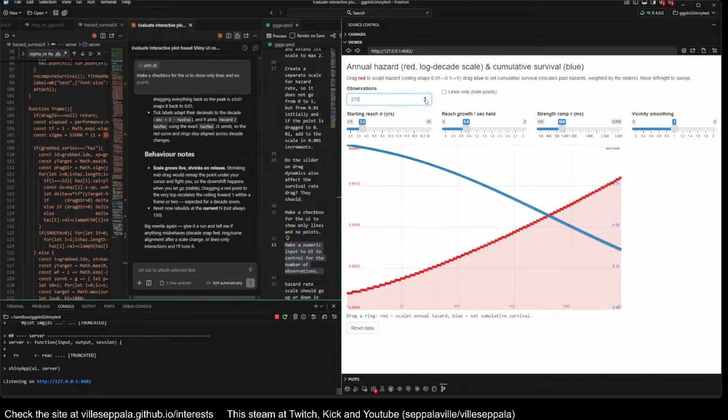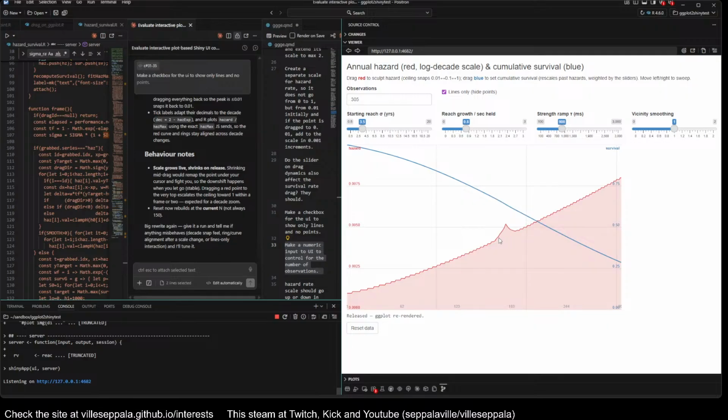It's quite responsive. Actually, yeah, okay. Here showing just the lines. So it doesn't. So this would be one change.